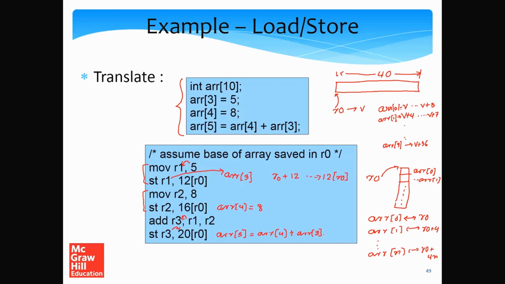In this case, the element is an integer and the size of each element is 4 bytes. That's the reason that to go to the nth element, where we start counting from 0, the address is the starting address plus 4n. Once that is clear, we can write programs of this type to load and store values from different data structures in memory, the array being one, to read them into registers, work on them, and write them back.